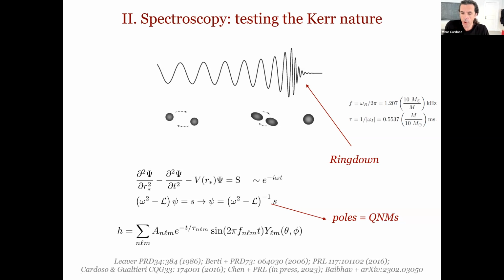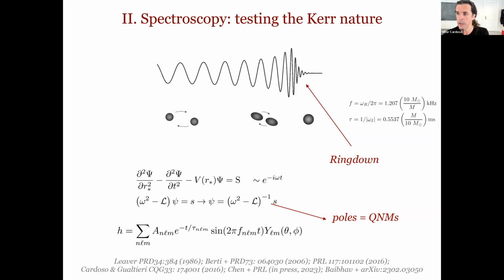And the first thing you're going to do in the frequency domain is to look for the characteristic frequencies for which your system satisfies the correct boundary conditions. And correct boundary conditions are basically that you have regular solutions everywhere and outgoing modes at large distances. It's really exactly the way you would look at and study a string with fixed ends or the hydrogen atom in quantum mechanics and so on.